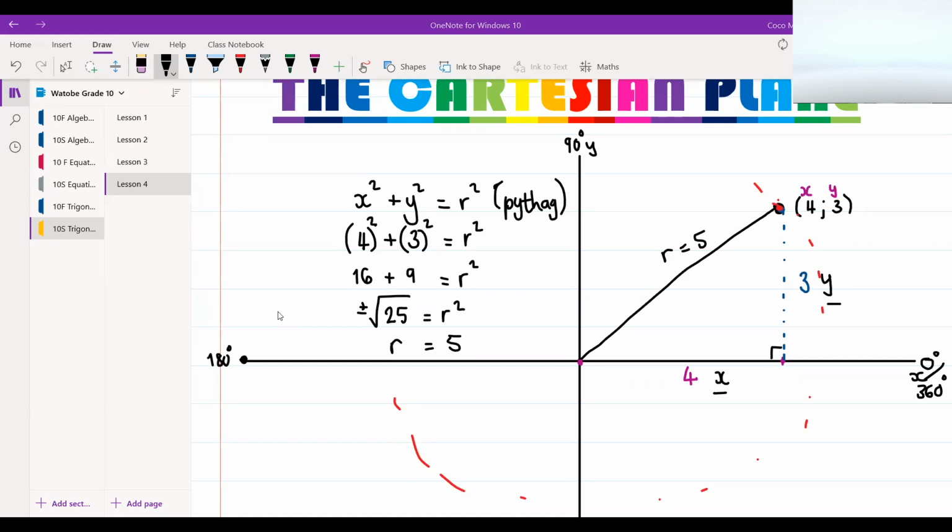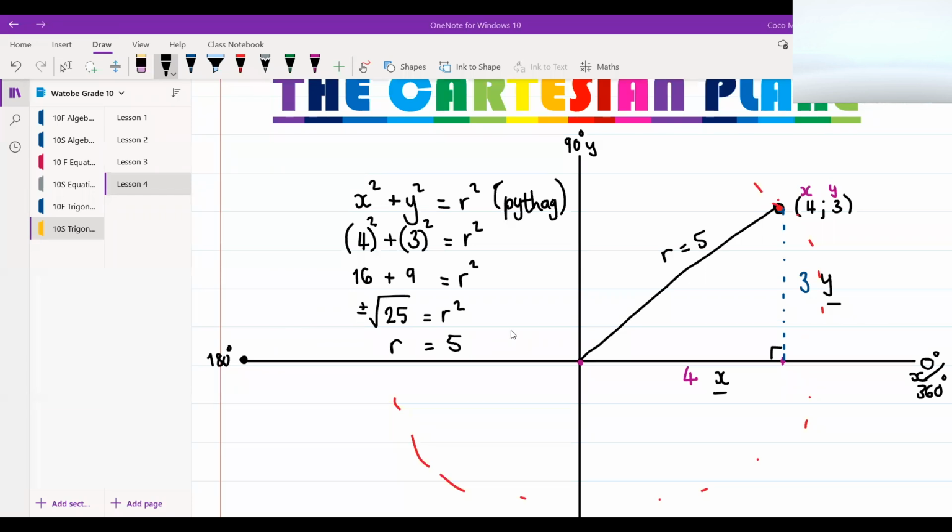We've never heard of minus 5 centimeters. It's always going to be positive 5 centimeters. Thanks for that question, teacher Nels. Randile, don't write plus minus. Your radius is always going to be positive, because it's measuring the length.